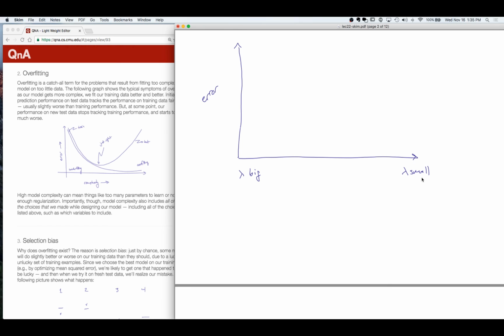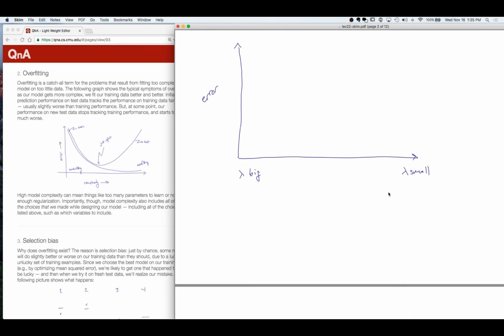And a small ridge parameter means light regularization, which means a more complicated model. And by a more complicated model, I mean one that is more sensitive to the exact training data that you happen to receive. So complexity is sort of the opposite of stability.